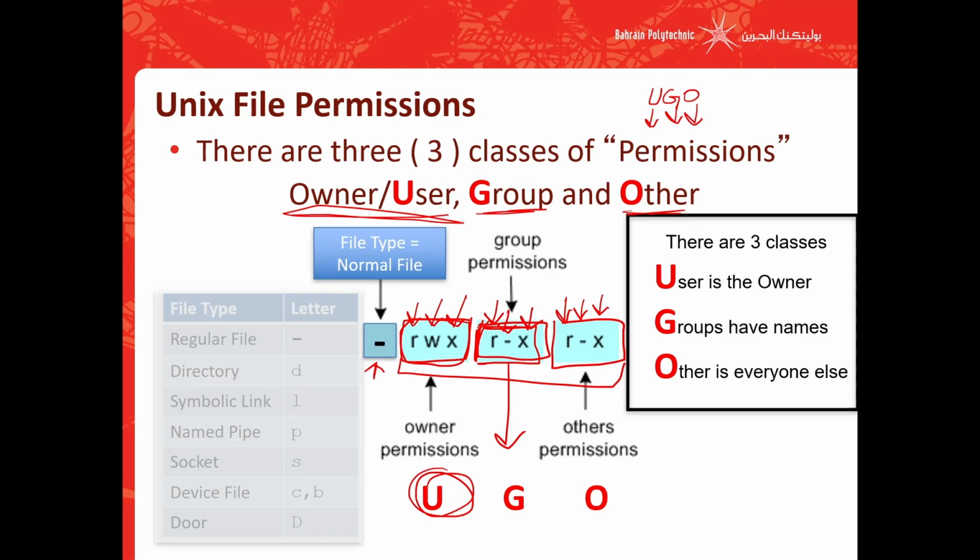The third represents others. We will learn what each of these stand for, but you should remember the first three characters represent the user permissions, the fourth, fifth, and sixth characters represent the group permissions, and the 7th, 8th, and 9th characters represent other permissions.